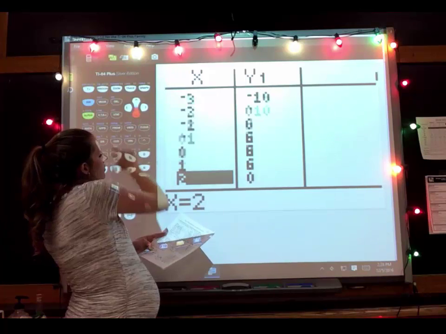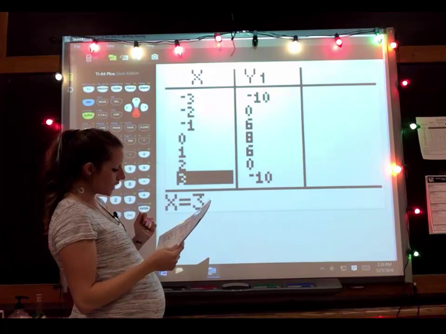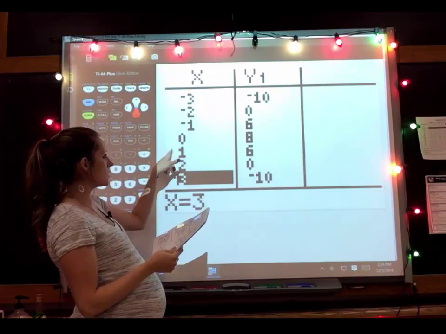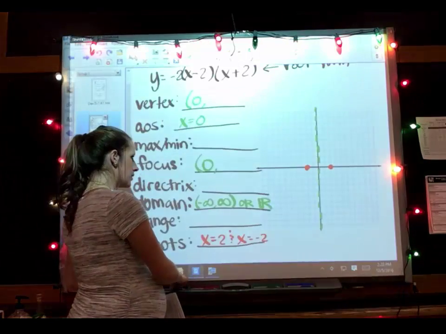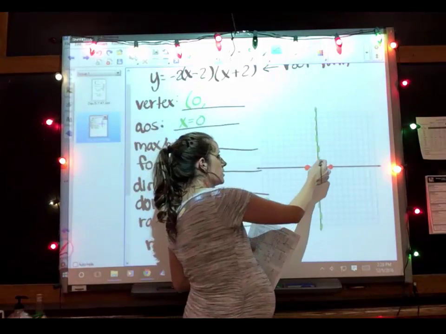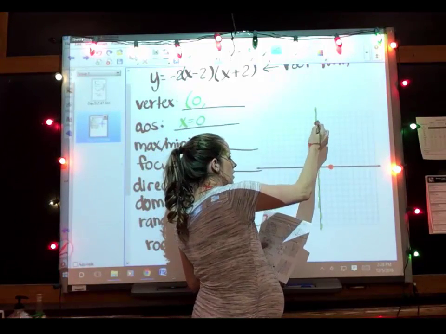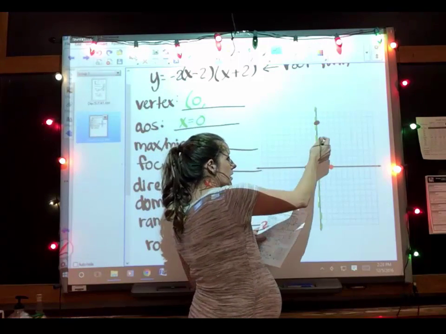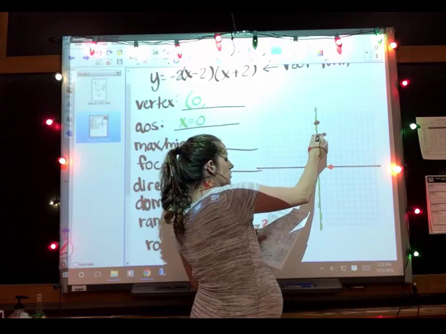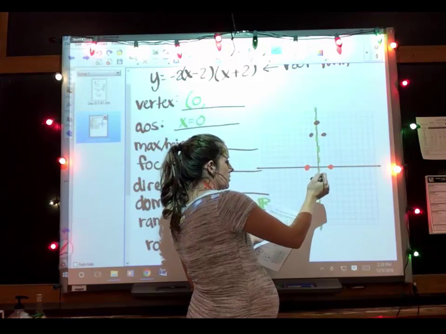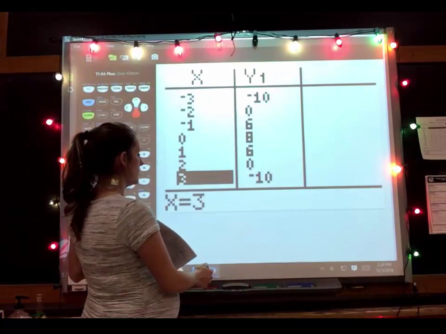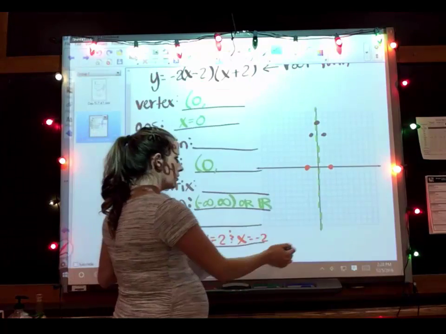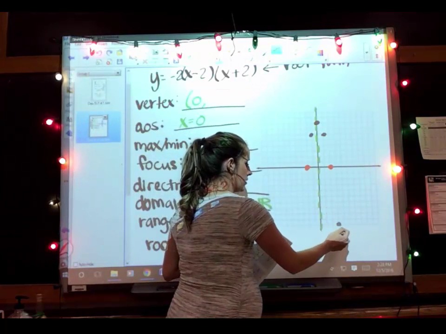Okay, so our vertex, when x is 0, my y is 8. Okay, let's go ahead and plot these points. 0, 8. 1, 6, so negative 1, 6, 2, 0, let's see, 3, negative 10, you can plot that, and negative 3, negative 10.